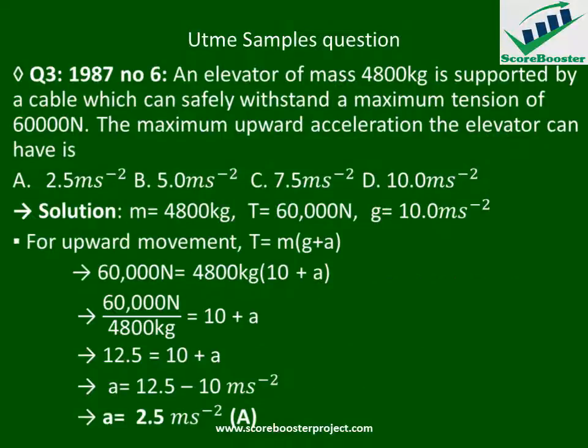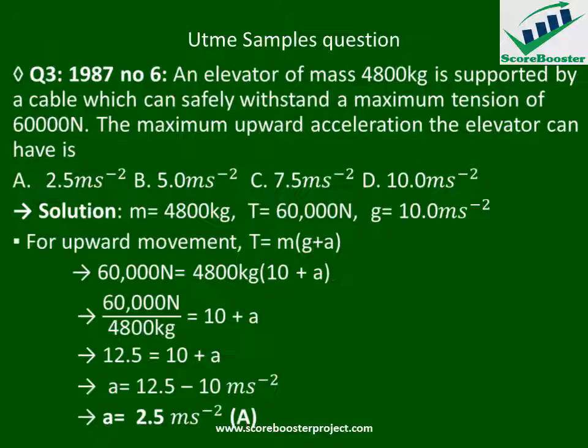The next question we shall be considering comes from 1987, number 6, and the question goes thus: an elevator of mass 4,800 kilogram is supported by a cable which can safely withstand a maximum tension of 60,000 Newton.